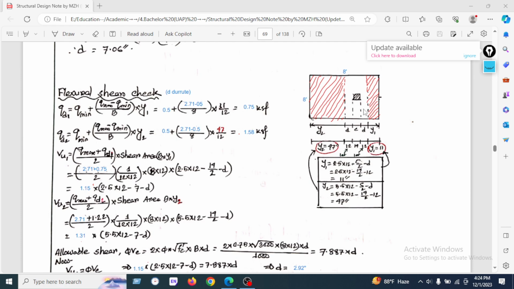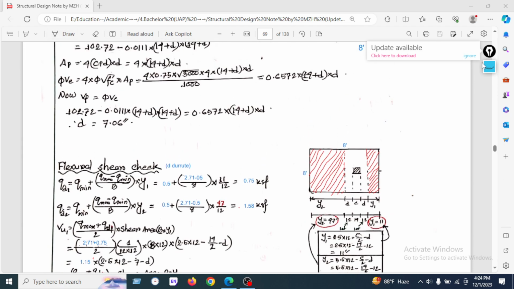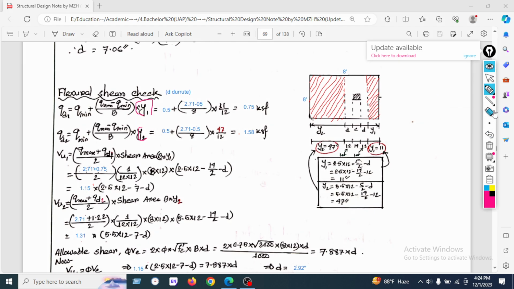So what's happening here, if we want to know, our value is given from the column center to here, 2.5. Now we need this portion only. How will we calculate this? We will take this value and deduct at first c by 2, the half of the column, and then deduct d. Then we will find this value, which we call y.